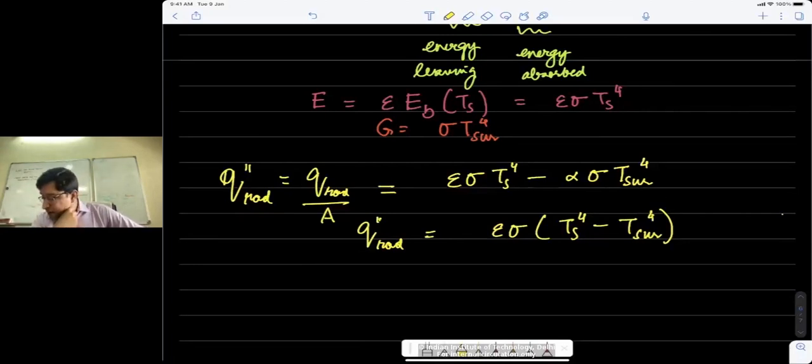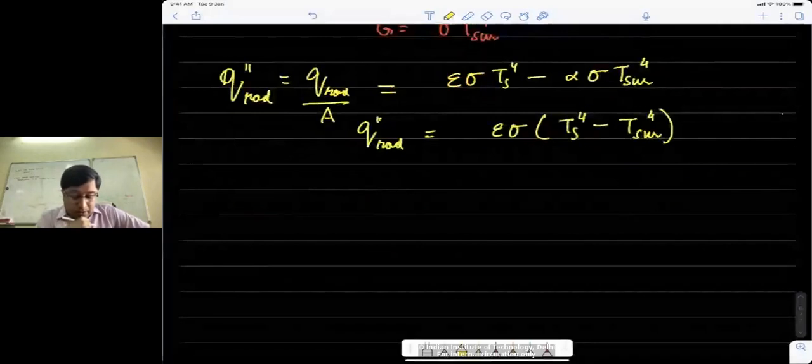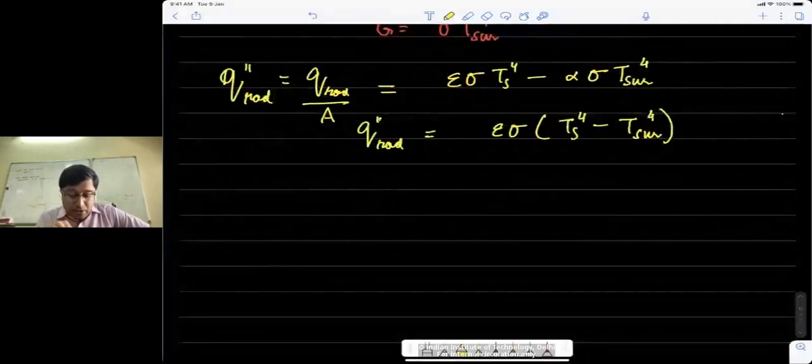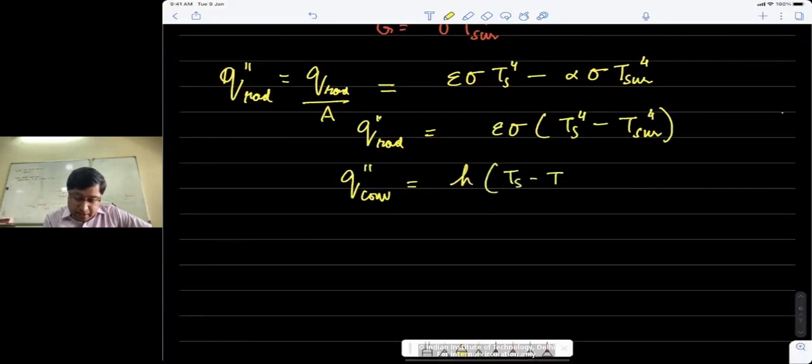Now, in many applications in heat transfer, and especially when we talk about conduction analysis, we might be using a little bit of this aspect. Remember that in convection, we said the flux is h times (Ts minus T infinity).